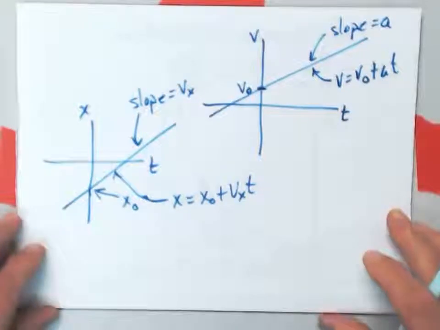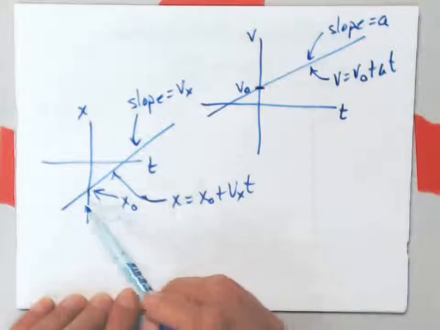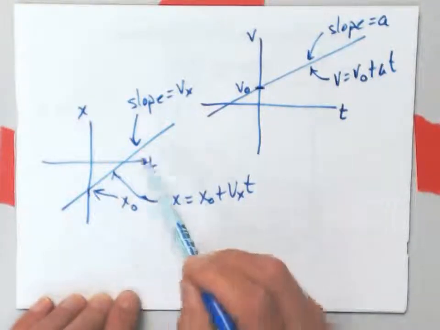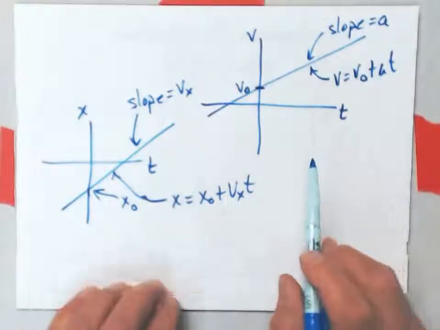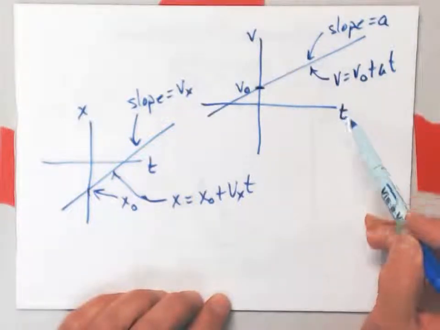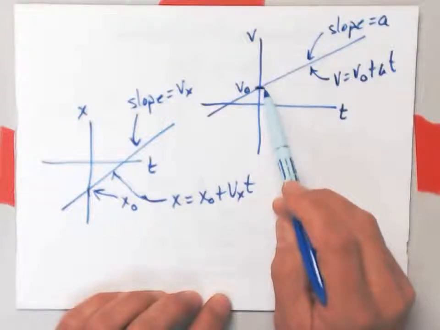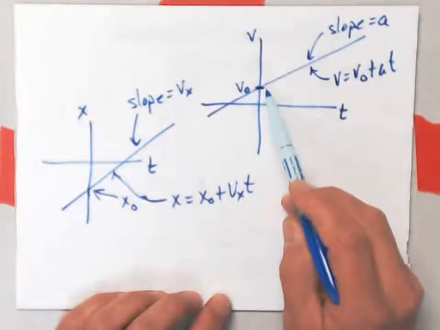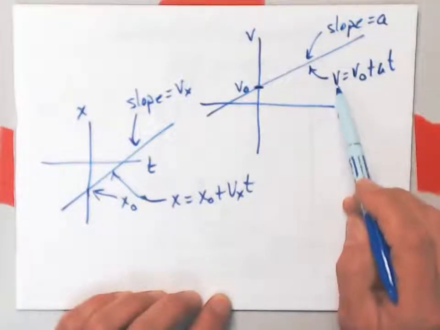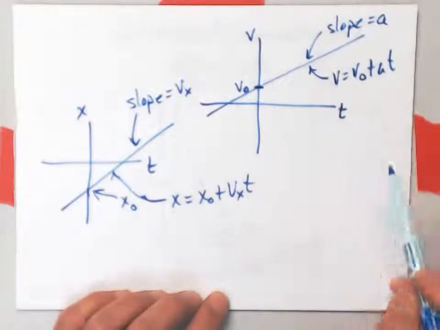So here's the deal. When you have constant velocity, an x versus t graph is a straight line. The vertical intercept is x naught, the slope is v sub x. When you have constant acceleration, a v versus t graph is a straight line. The vertical intercept is v naught, the velocity at time 0. The slope is a, the acceleration.